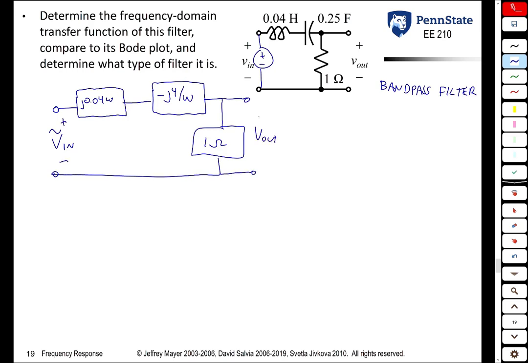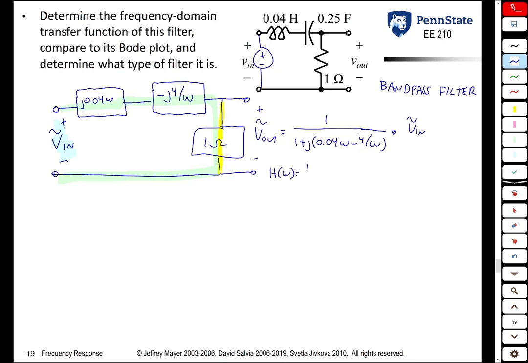Vout is measured here. And from voltage division, Vout is going to be that impedance over that plus that plus that times Vin. So it's 1 over 1 plus j (0.04 omega minus 4 over omega) times the Vin phasor.